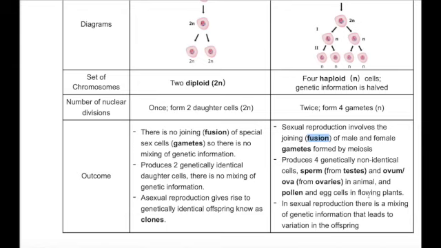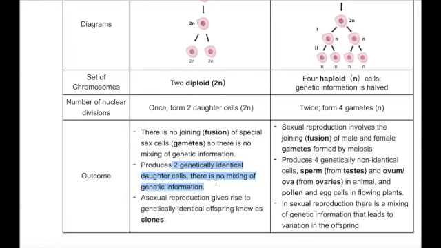Mitosis contains the identical genetic information. Right? So it produces two genetically identical daughter cells.